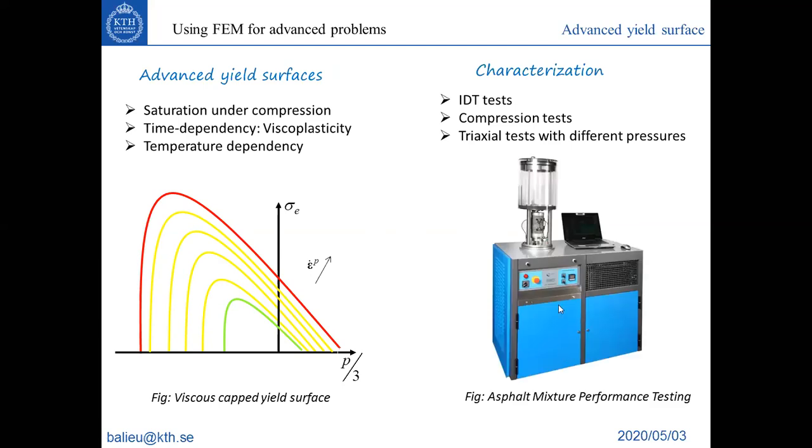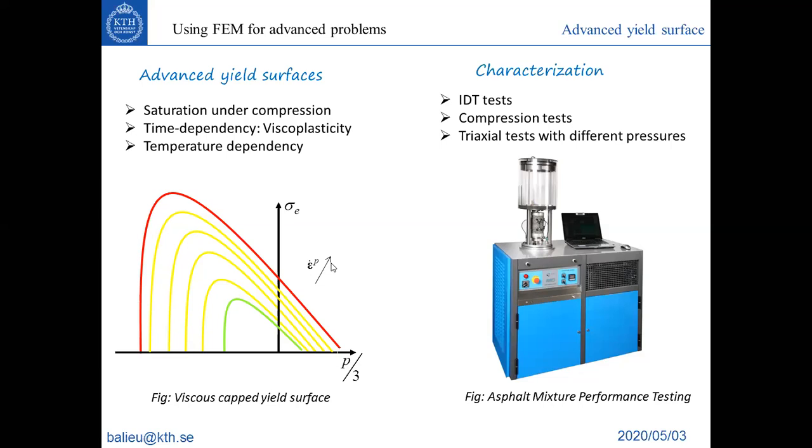You can use this kind of device here, where you can perform a compression test and also apply external pressure. You are confining the specimen, so you are increasing the pressure a lot, and the stress state of your specimen, so you can capture the point here.